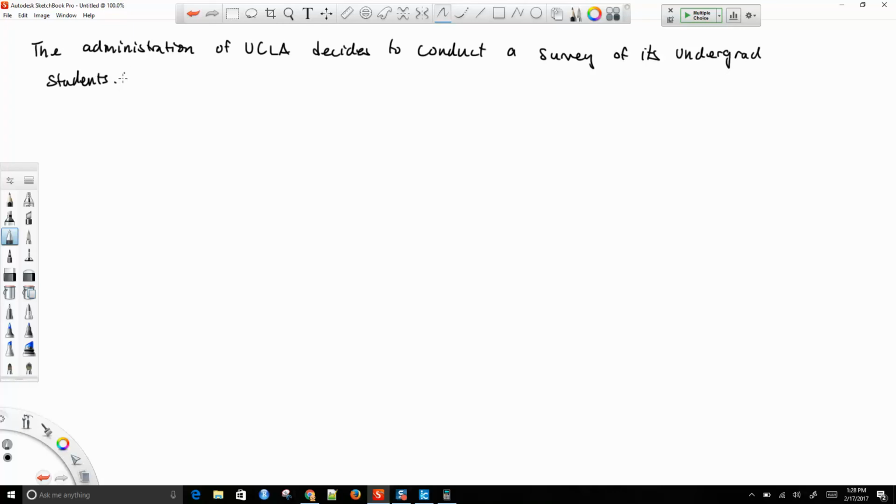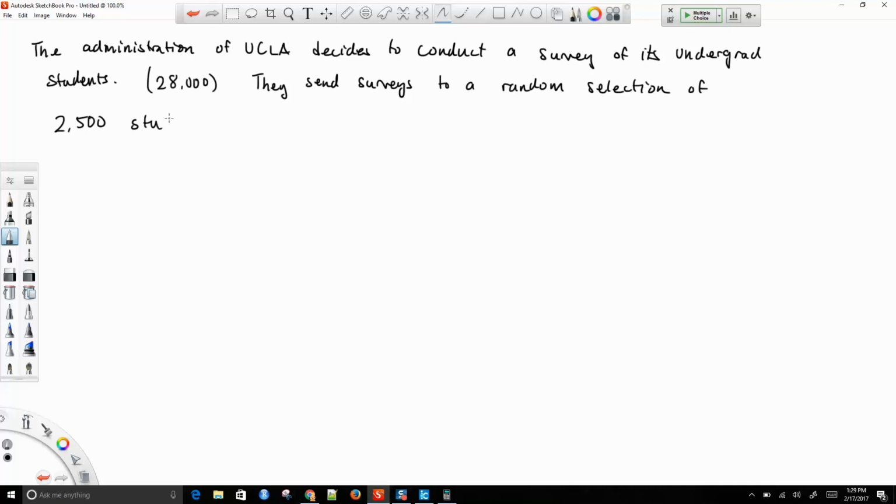Okay, and I don't know, so I think there's approximately 28,000 undergraduate students at UCLA, something around there, okay? And then we'll say, you know, they send surveys to a random selection of 2,500 undergrad students.